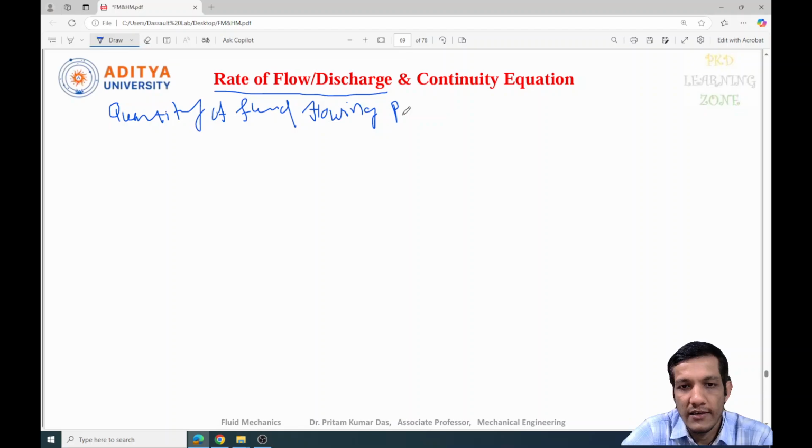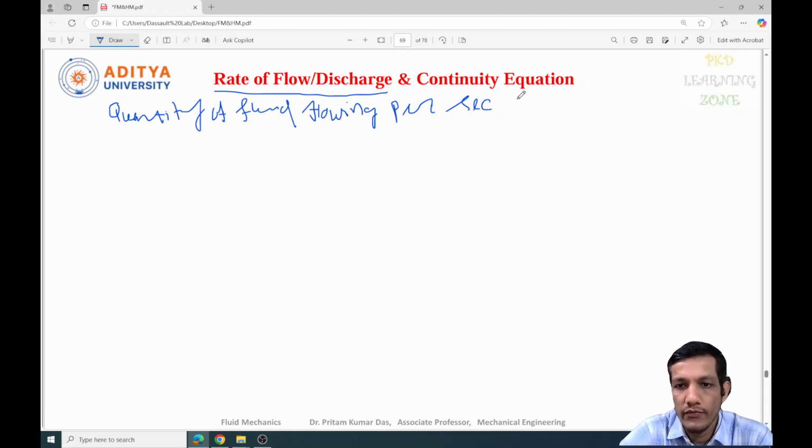It is defined as the quantity of a fluid which is flowing per second through a pipe or a channel.